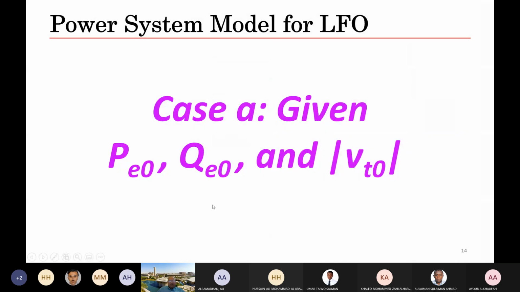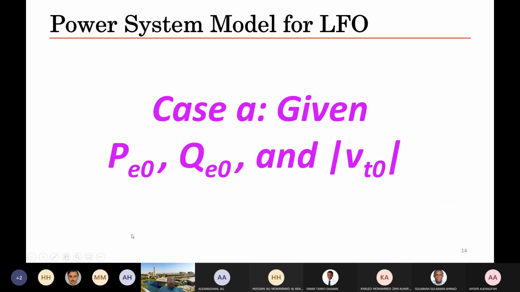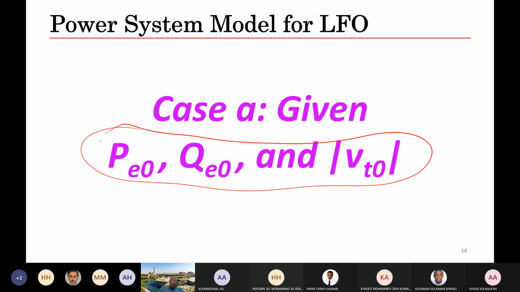Let us take the first case, where you are given the real power, reactive power, and terminal voltage. This is the characterization of the operating condition.